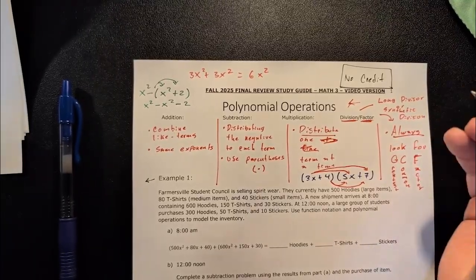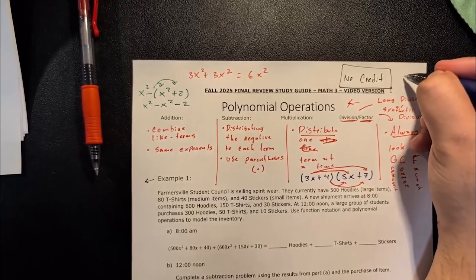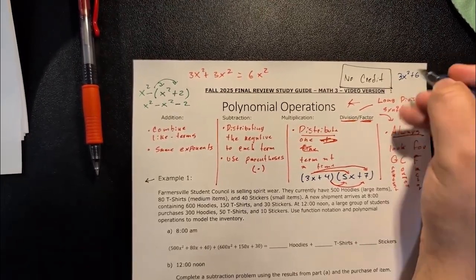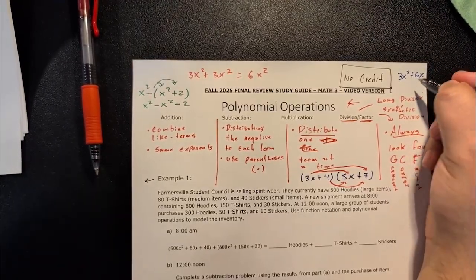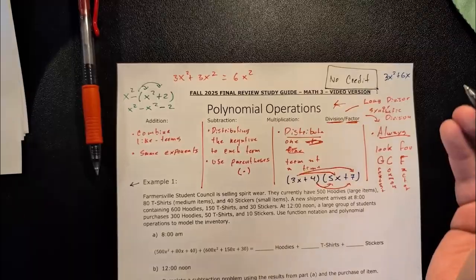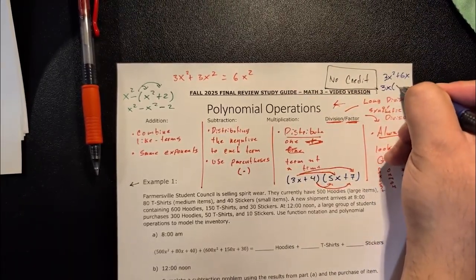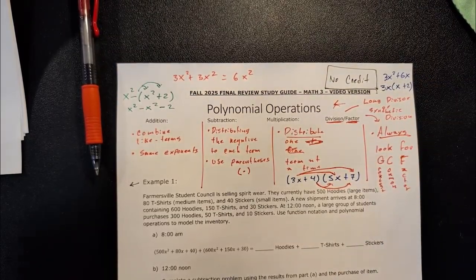So if I had the problem 3x squared plus 6, the greatest common factor would be 3, and then the inside becomes x squared plus 2. Okay?